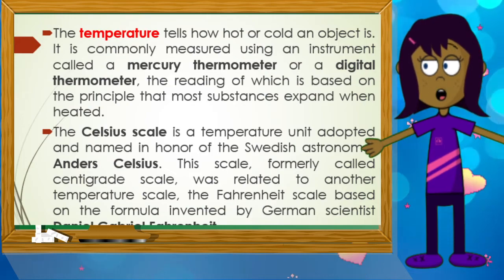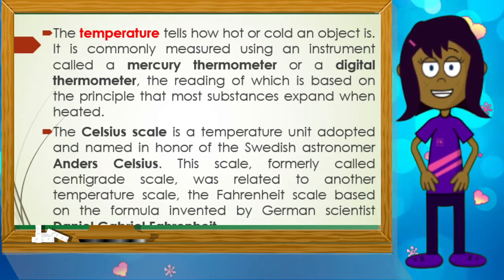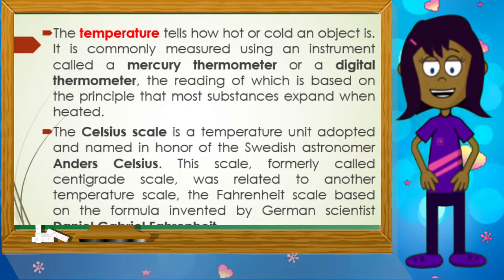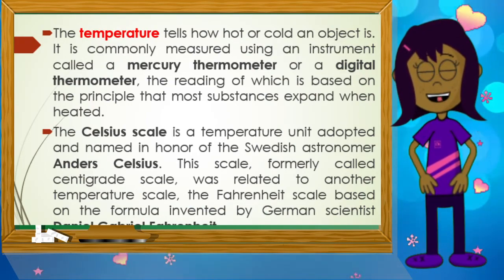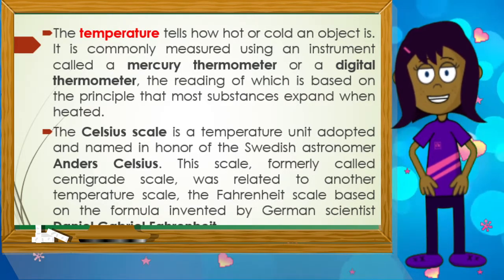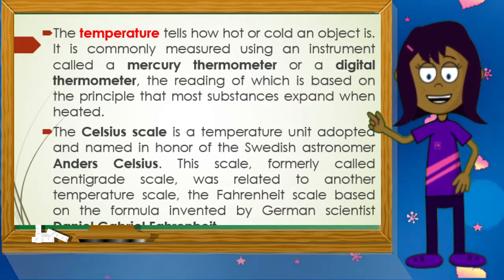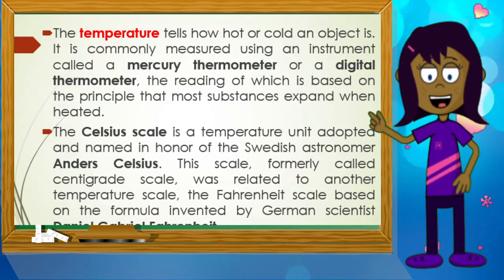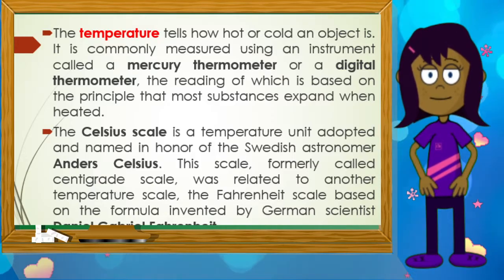This scale, formerly called the centigrade scale, was related to another temperature scale, the Fahrenheit scale, based on the formula invented by German scientist Daniel Gabriel Fahrenheit. So again, temperature can be represented by degrees Celsius or degrees Fahrenheit. But commonly, we use degrees Celsius.